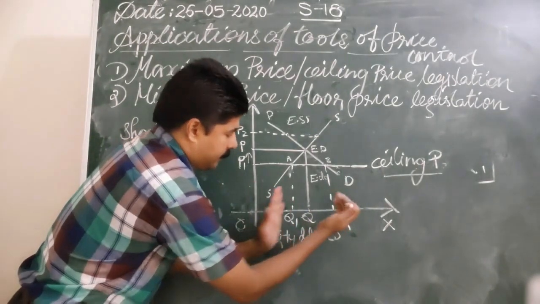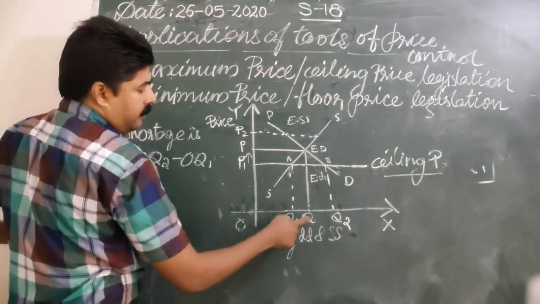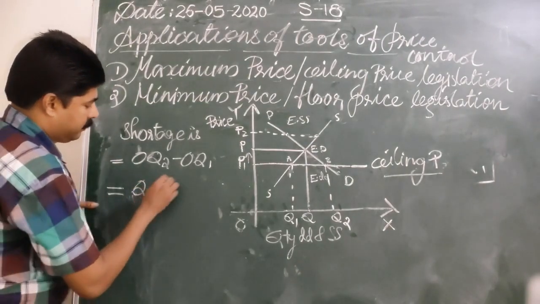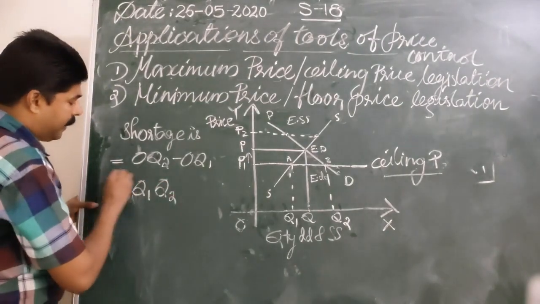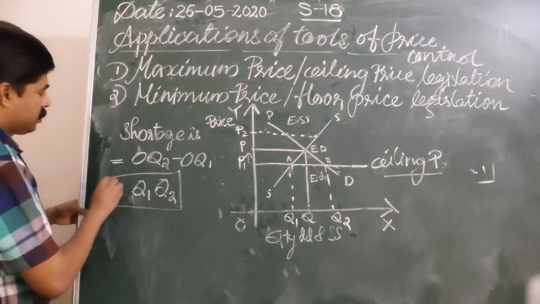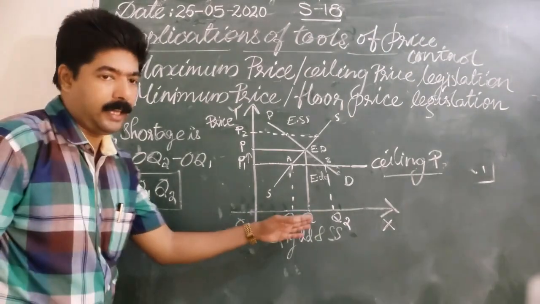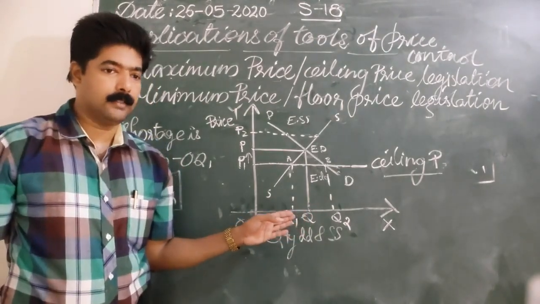Then this part is left, which means Q1Q2. So Q1Q2 is the shortage of that commodity, according to the diagram. Is that clear? Everybody is clear?